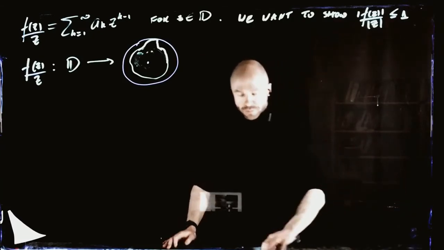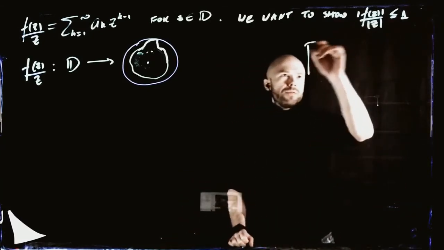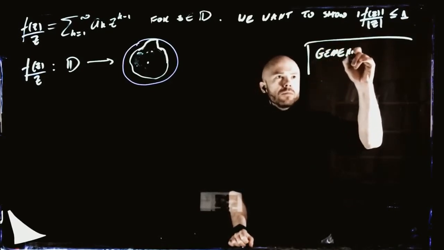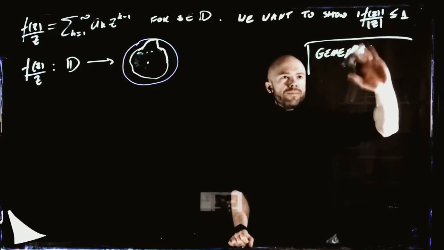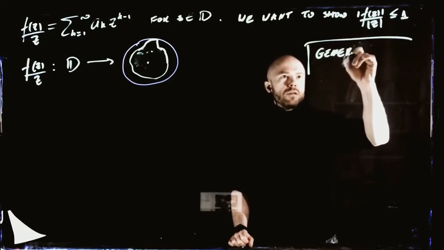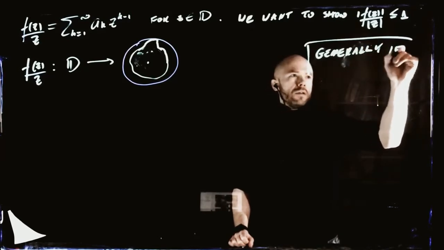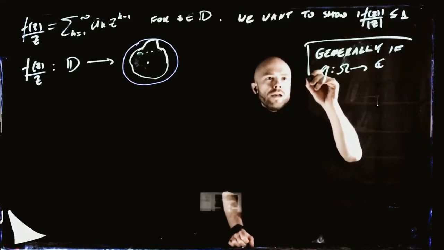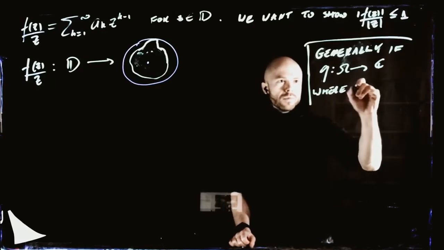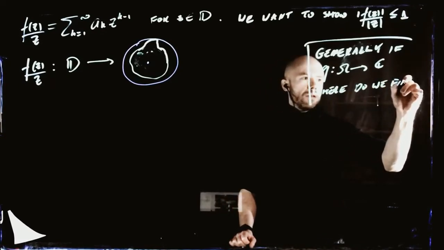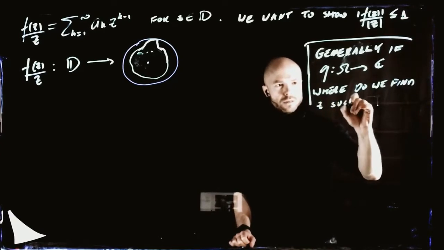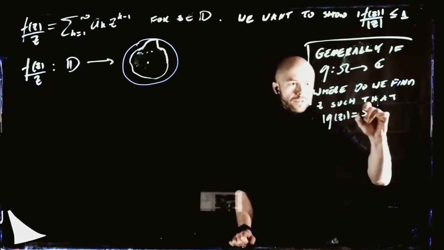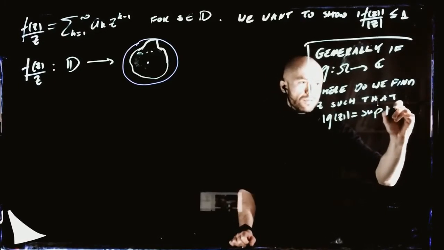Generally, if we have a holomorphic mapping g from some domain into the complex numbers, where do we find z such that the modulus of g of z is the supremum of all of these guys?